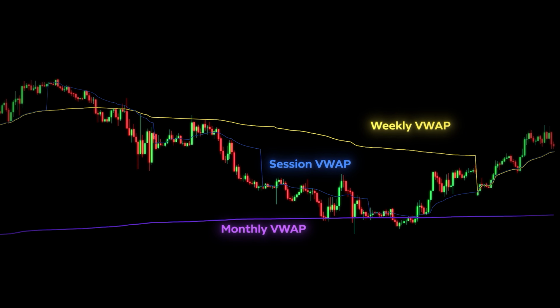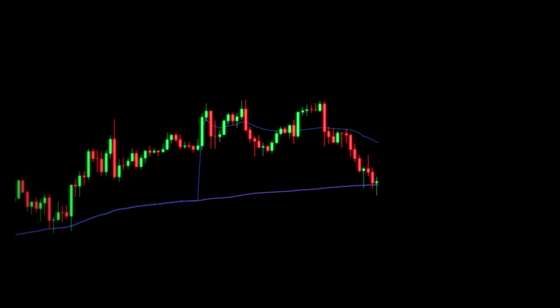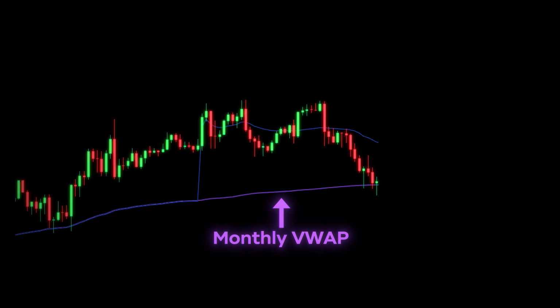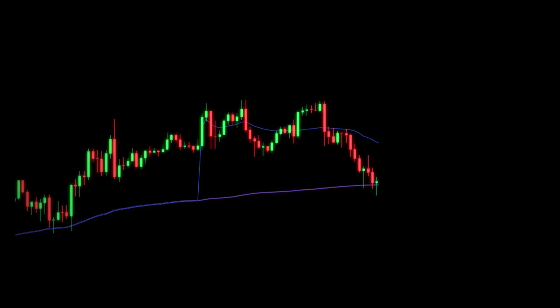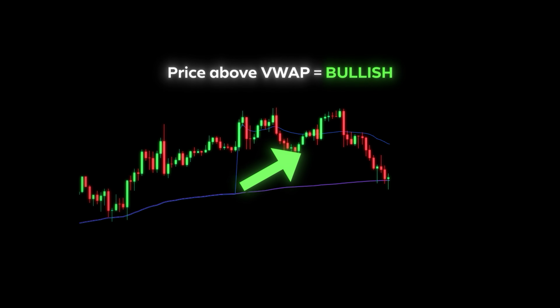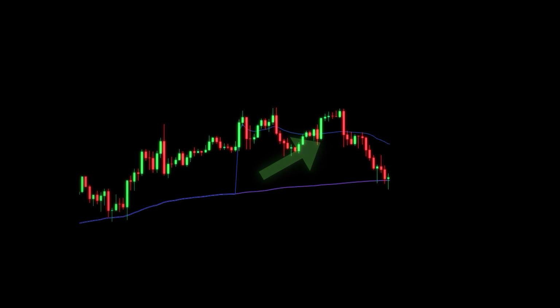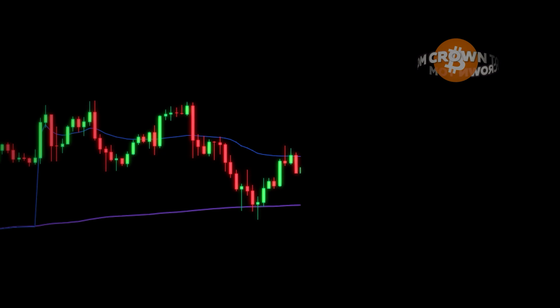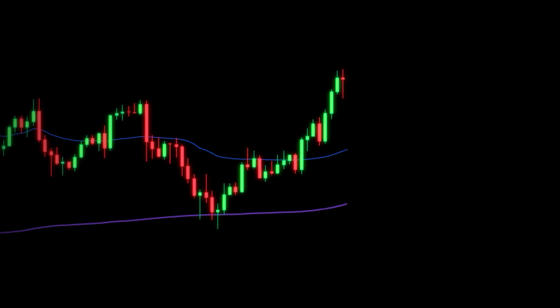That might look something like this. We can see that price is trading above the monthly VWAP. This is shown in purple, but what it also tells us is that this market is trending upwards. The average price of purchases continues to climb over time. Price was trading below the session VWAP for a while, but after it was retaken, this gave us a sign of strength.